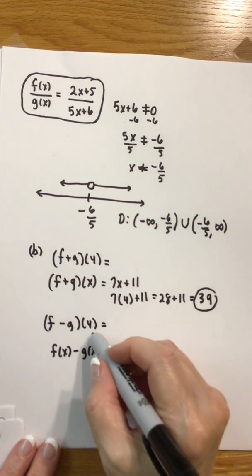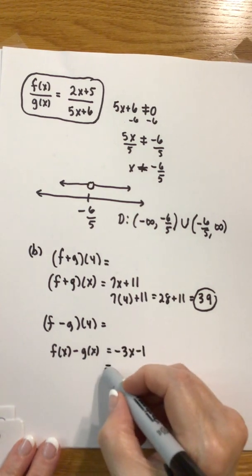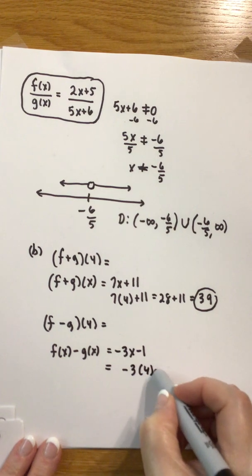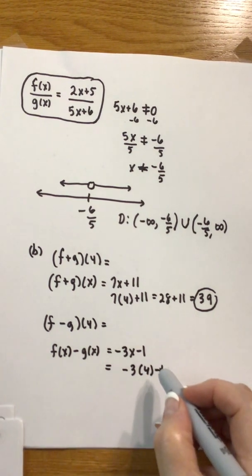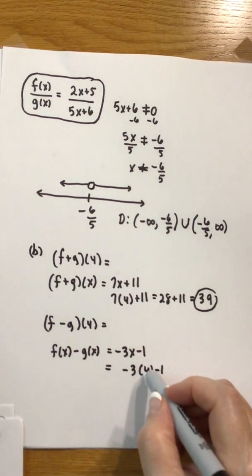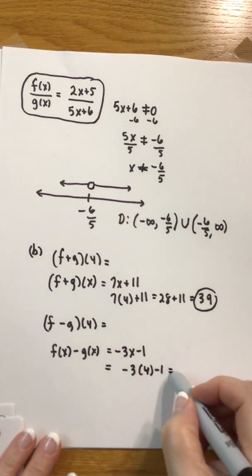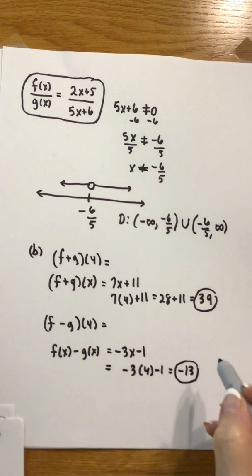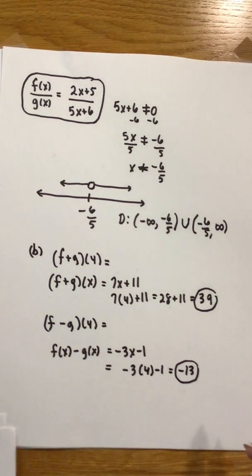But now our input is what? 4 again. So I get negative 3 times 4 minus 1. So we have negative 12 minus 1 gives me what? Negative 13. Okay, give everybody a chance to catch up to that point.